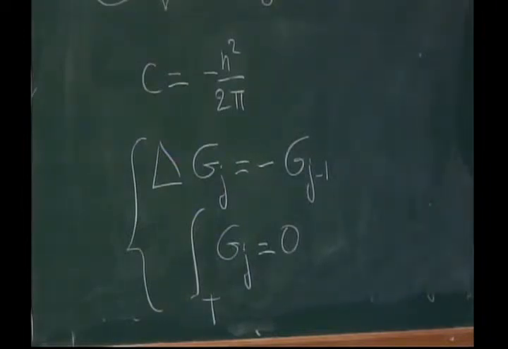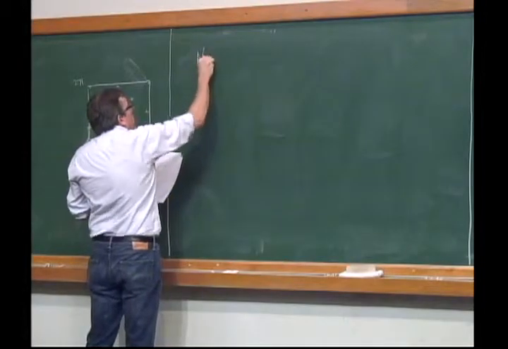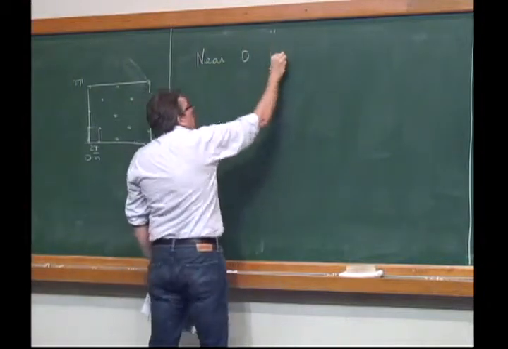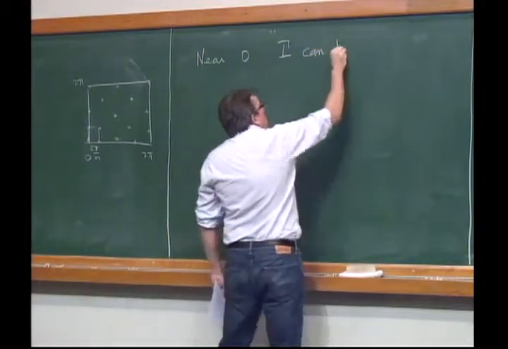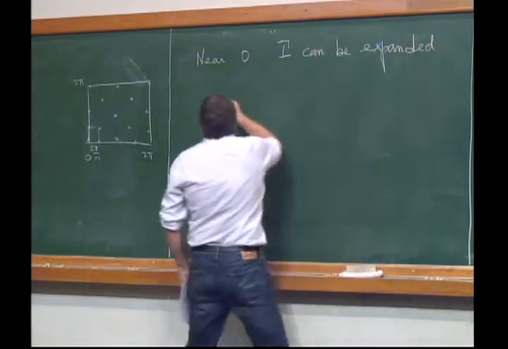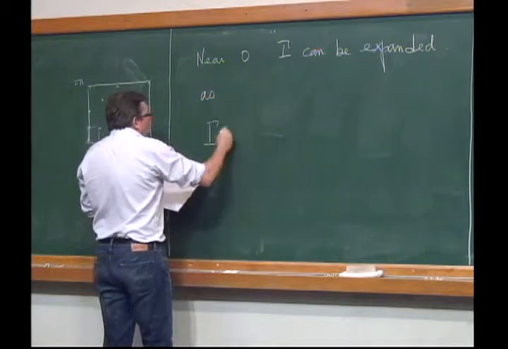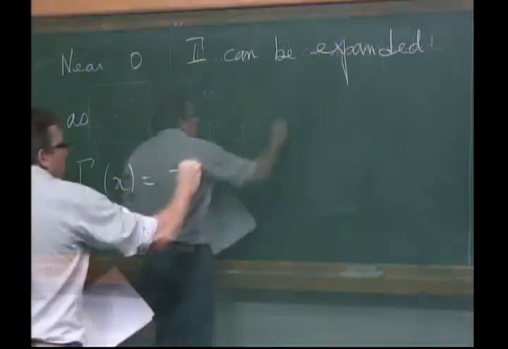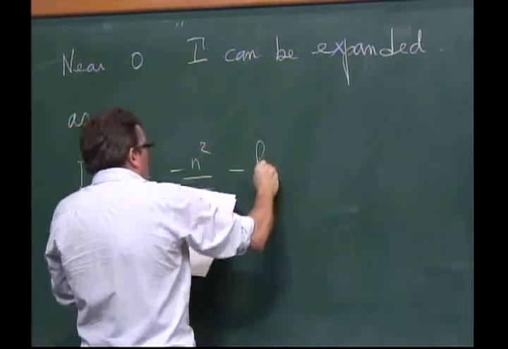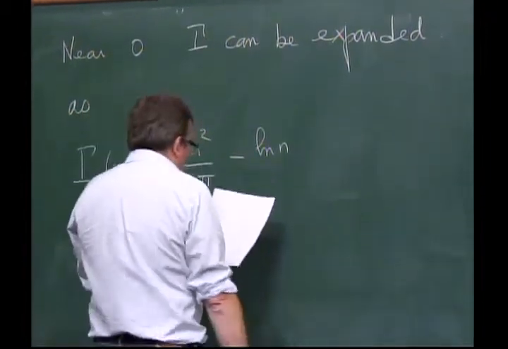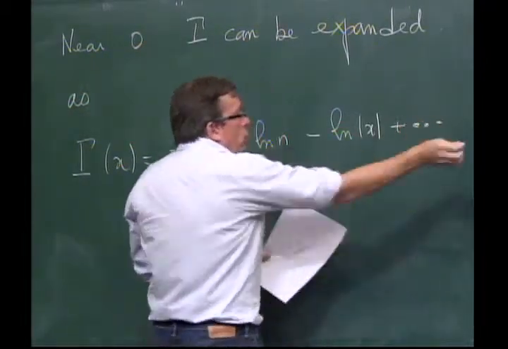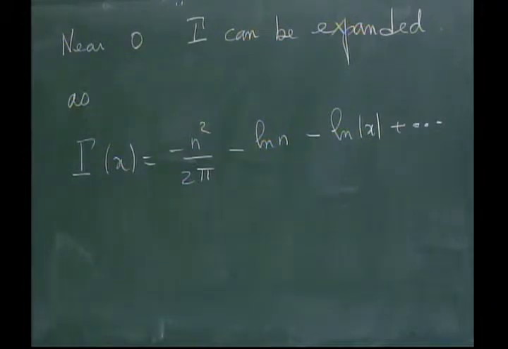And you find out that near any of the poles of gamma, let's say 0, gamma can be expanded as follows. Gamma of x is minus n squared over 2 pi minus log n minus log mod x plus other terms which are not so important.